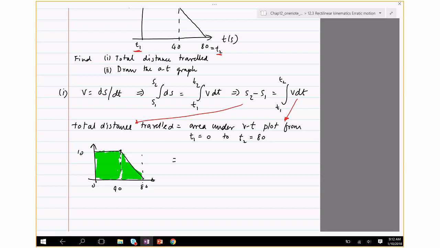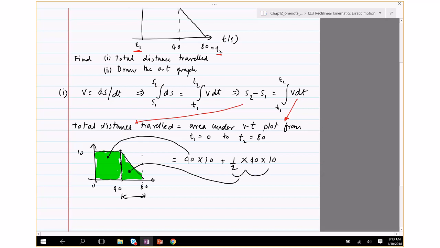Base times height. The base is 40 and the height is 10, so it's 40 times 10. This is this part. And then what's the area of the triangle? It's half base times height, or base times height divided by 2. So it's half the base, which is this distance, 40, times the height, which is 10. So that's 400 plus 200, which is 600.